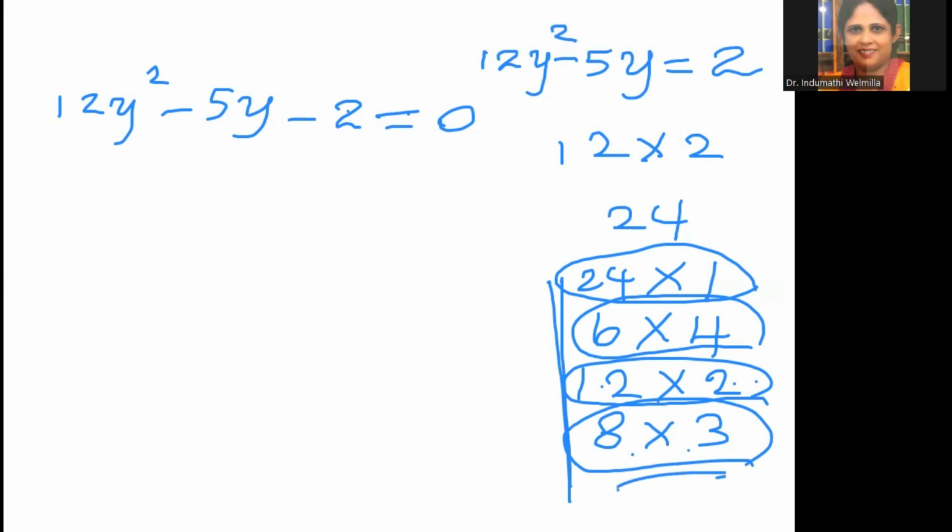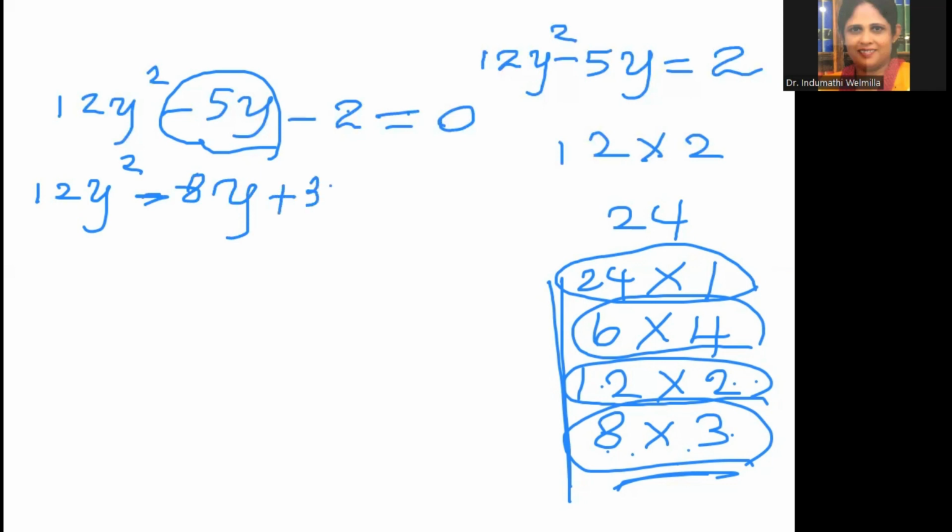Therefore, I can write this middle term minus 5y by using this 8 and 3. But remember, we need minus 5y, right? So I can write 8y and minus 3y. Then we can get the minus 5y.